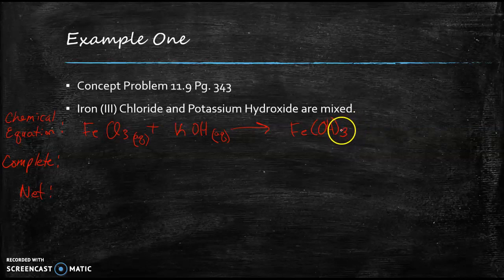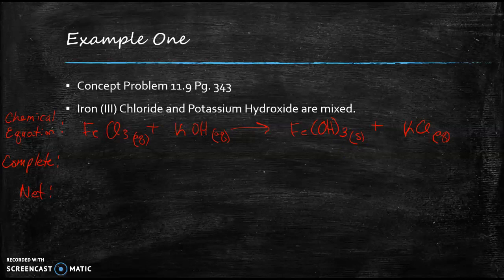Again, make sure that you have that iron balanced out. And our potassium will hook up with that chlorine. Looking at our solubility rules, the potassium chloride is going to be soluble, while our iron 3 hydroxide is going to be insoluble and form our solid.